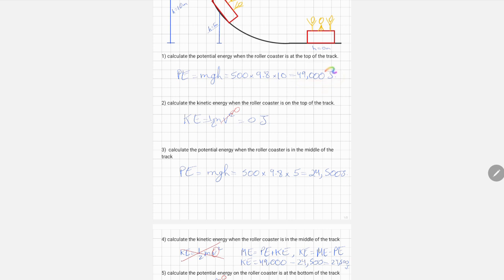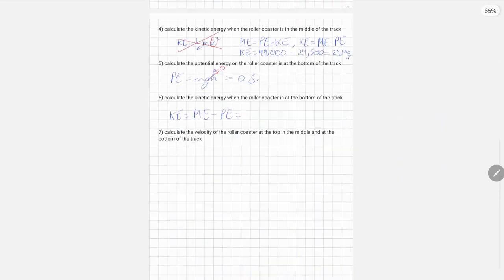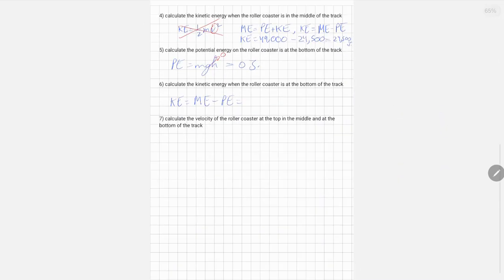Once you calculate the mechanical energy, it's always the same throughout the problem, unless the problem tells you extra energy was added somehow, or someone pushes something even harder. But given that this is the same scenario, the mechanical energy is still 49,000. So that is minus the potential energy, which is 0, so we get 49,000 joules as the kinetic energy.